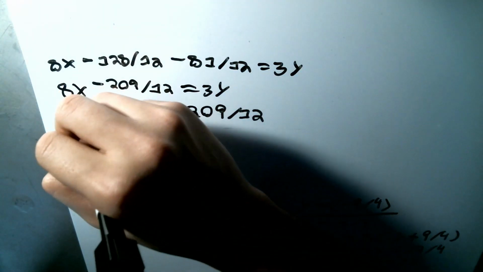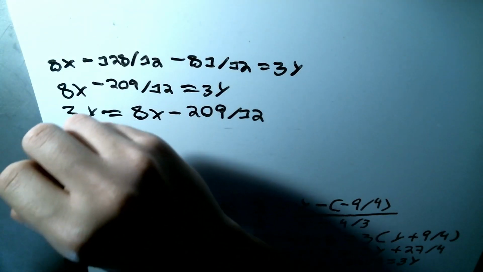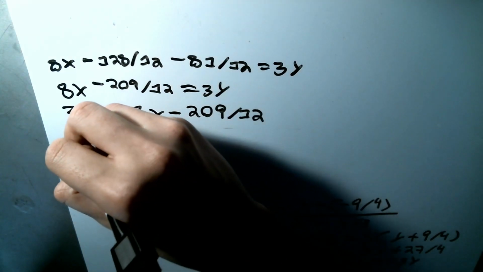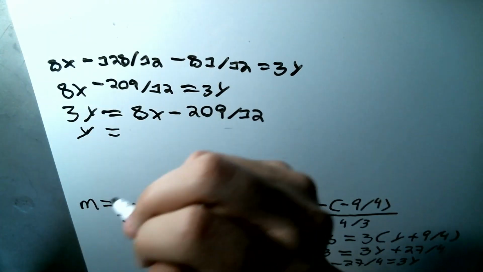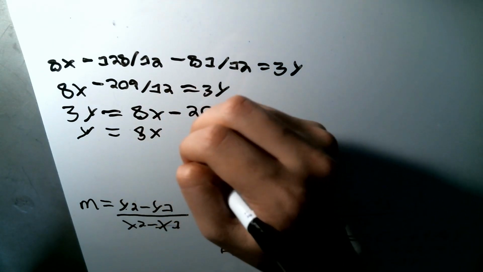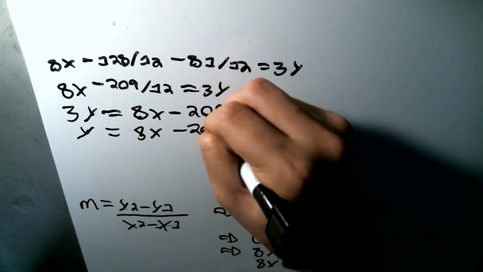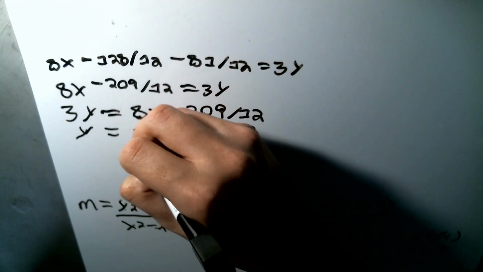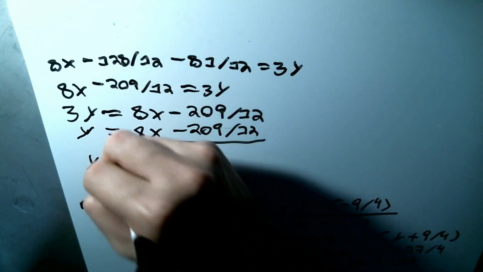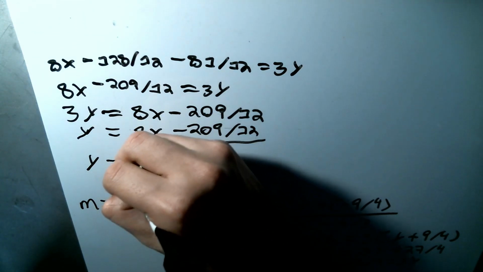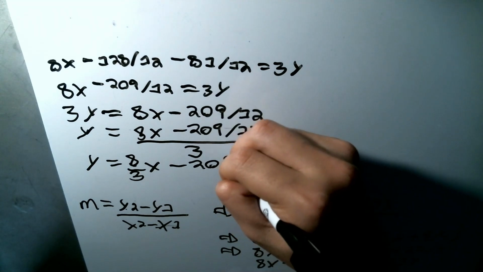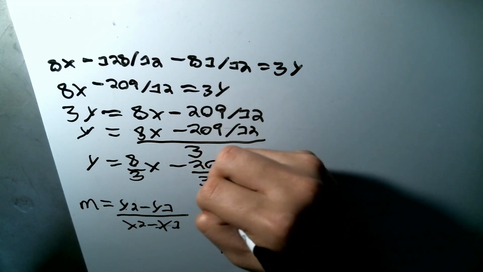And now this 3 that is multiplying here will go down here, now dividing on the other side, right? So 8x minus 209 twelfths over 3. So we get that y equals 8 thirds x minus 209 over 36.